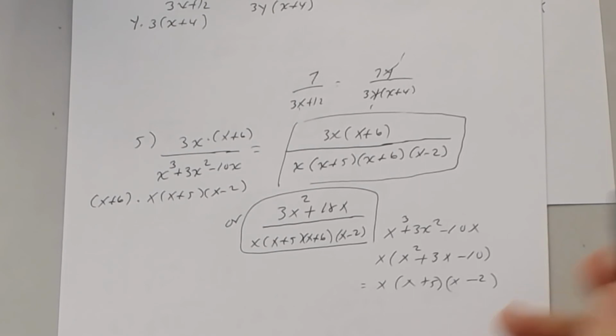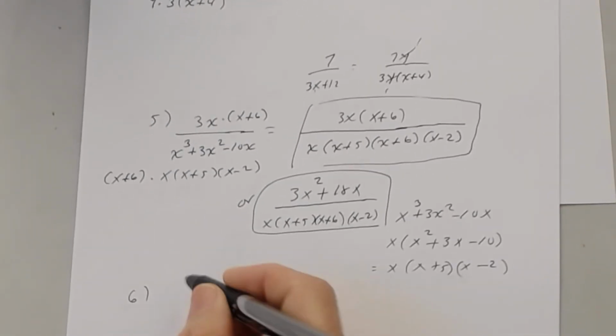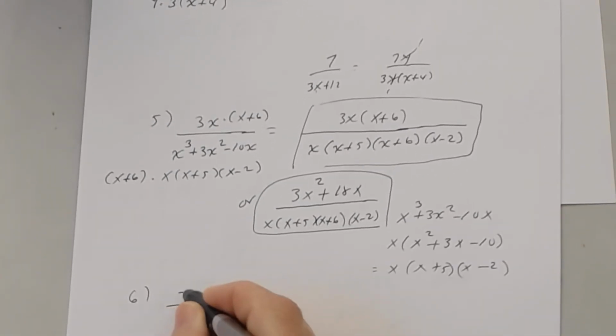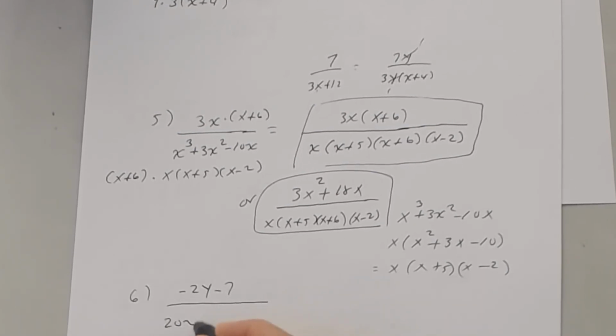Number 6. You have this rational expression, negative 2y minus 7, divided by 20x squared plus 15. And you want to rewrite this using this denominator, 60x squared plus 45.